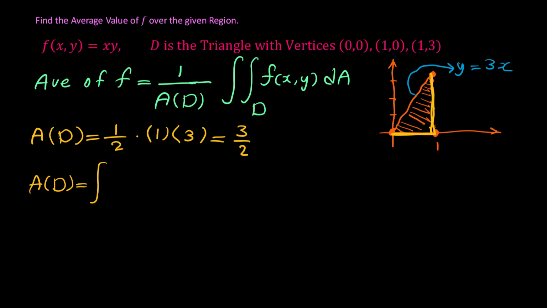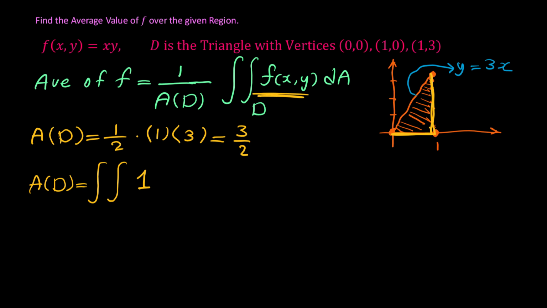For finding the area, we know that one of the applications of double integrals is finding the area of regions. But to find area of a region, the function that you have to write inside the double integral is 1.